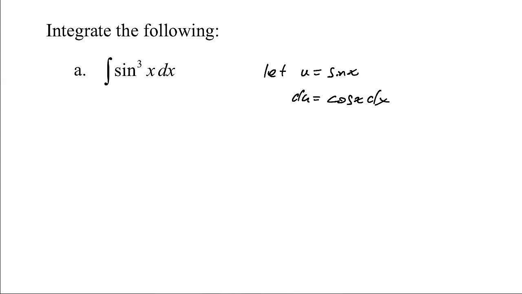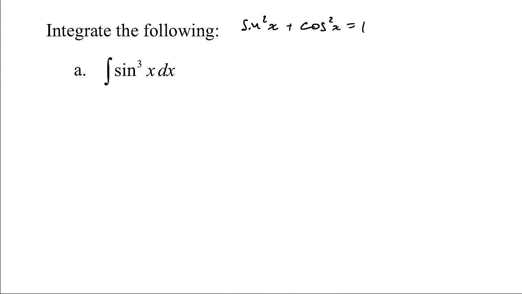Well, couldn't I create one using the fact that sine squared plus cosine squared equals 1? What that allows me to do is make this sine times 1 minus cosine squared dx. So that's taking one of the sine squareds and changing it into 1 minus cosine squared.